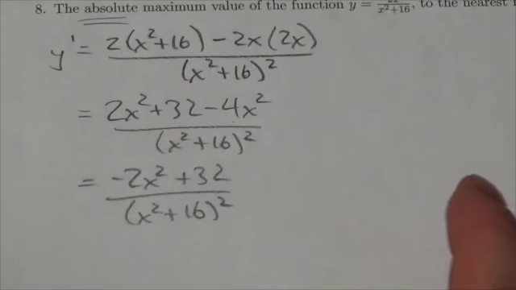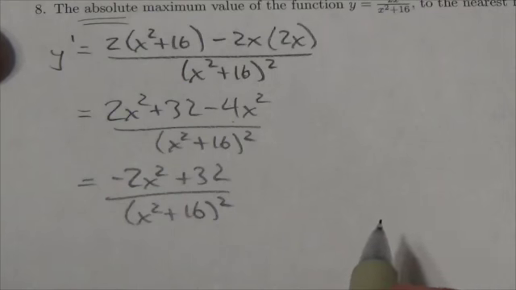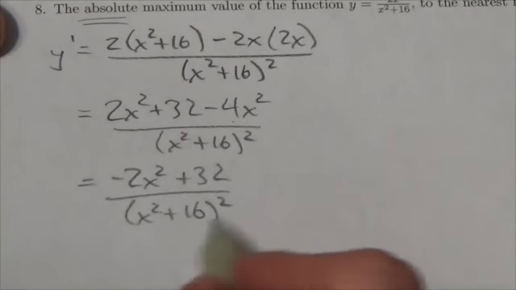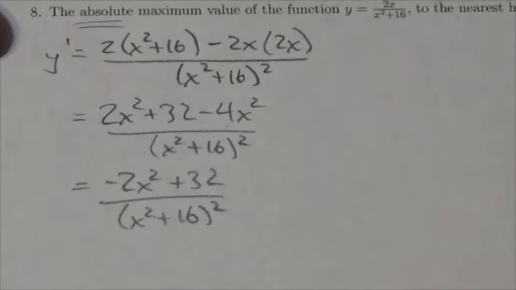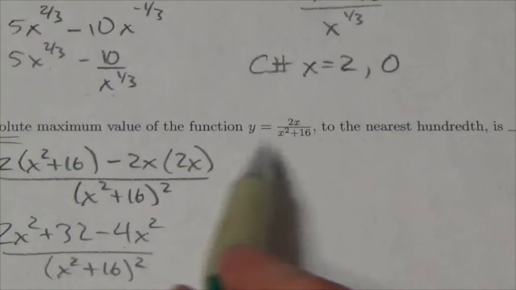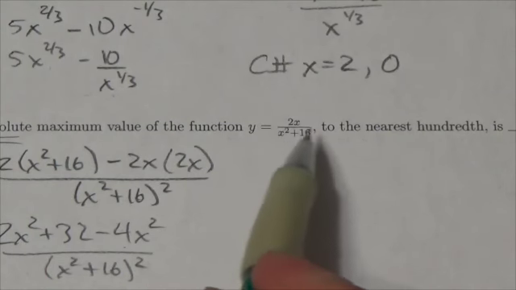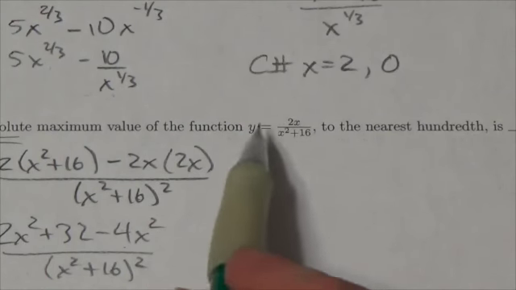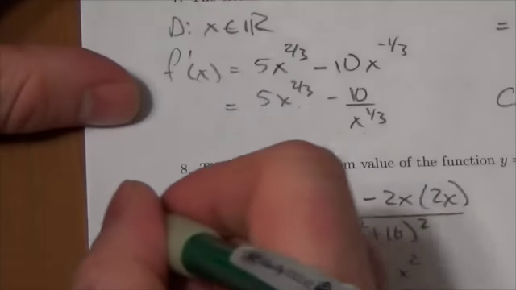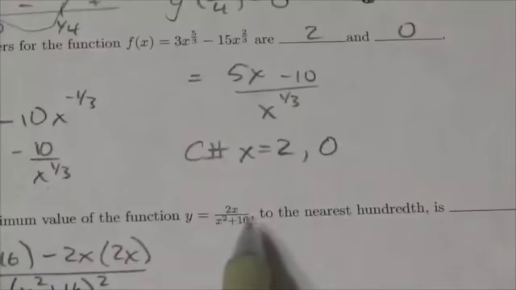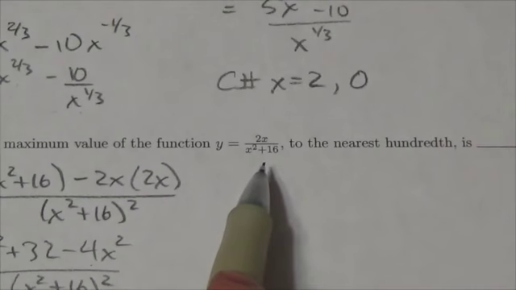Okay, so now our critical numbers are going to be where the derivative here is either 0 or undefined. Now, again, before we do that, we should take a quick look up here and think, well, wait a minute, what's the domain of this original function here? And the domain, I'll write it over here so it's off to the side. 2x over x squared plus 16.